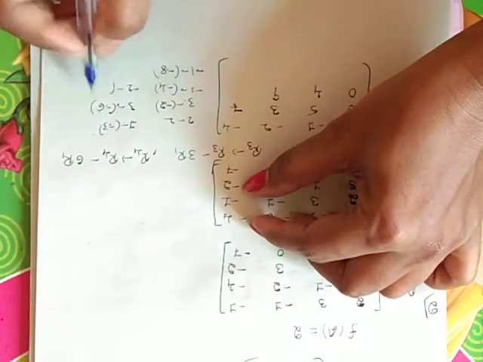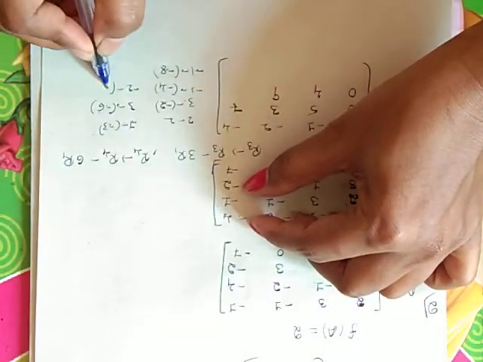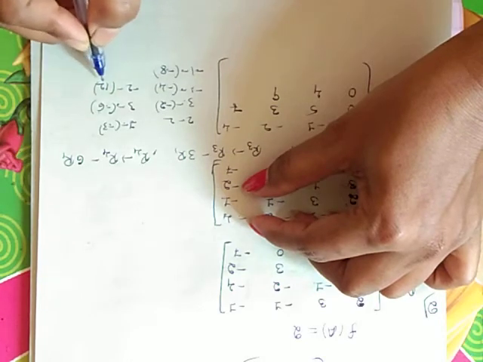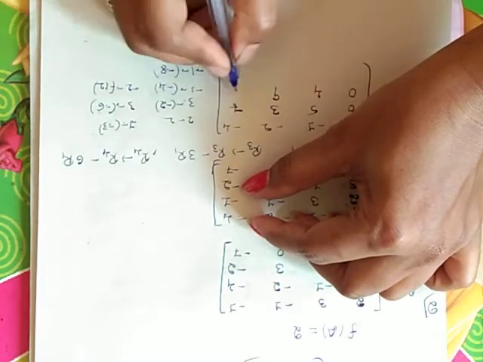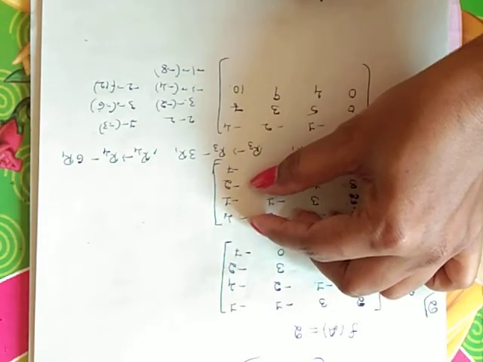Minus 2 minus 3 into minus 4, minus 2 plus 12, 10.